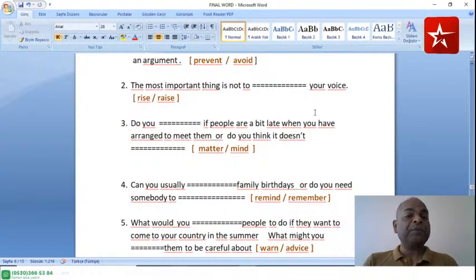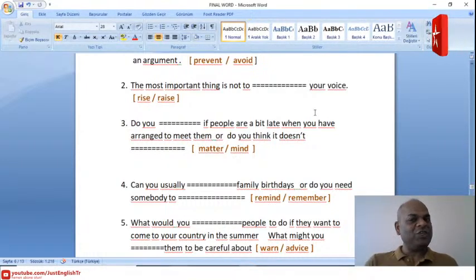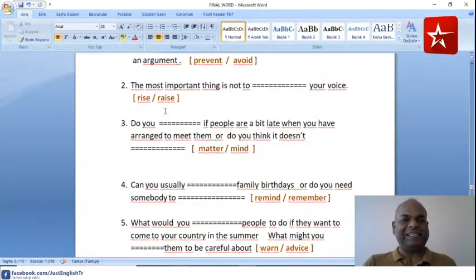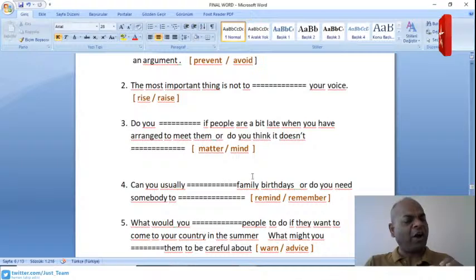Number 2, the most important thing is not to dash your voice. Now guys, we have two words. We got rise and we got raise. So what's the answer there? You should know the meaning there. The most important thing is not to dash your voice.